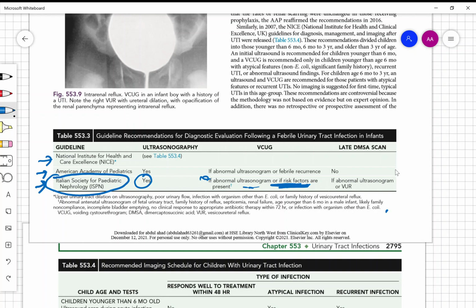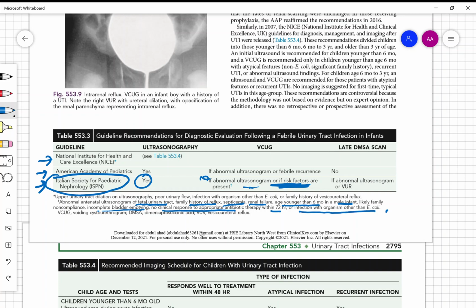The risk factors are: an antenatal scan that suggests a urinary tract abnormality, family history of reflux, septicemia in the child, renal failure, age younger than 6 months, male infant, family non-compliance, incomplete bladder emptying, no clinical response to appropriate antibiotic therapy, and an infection other than E. coli.